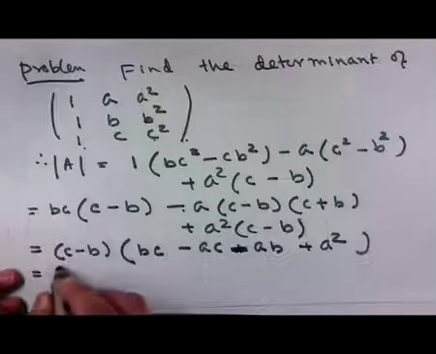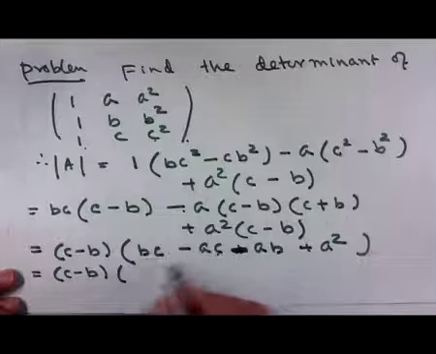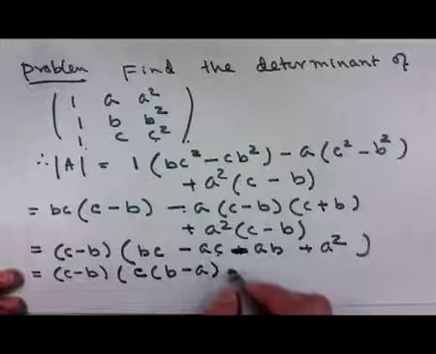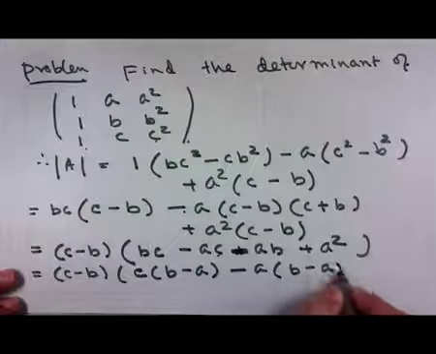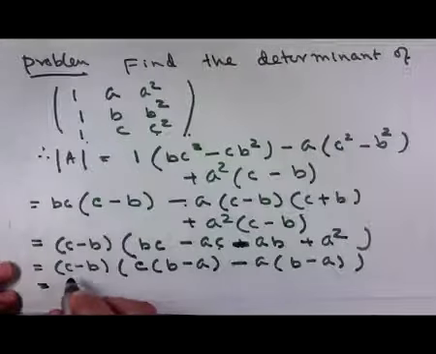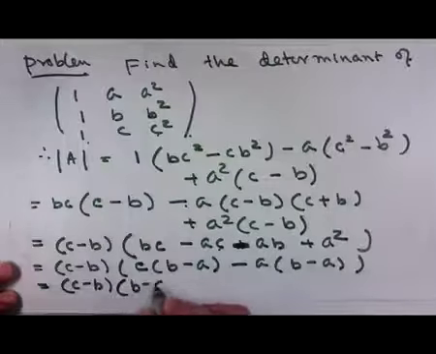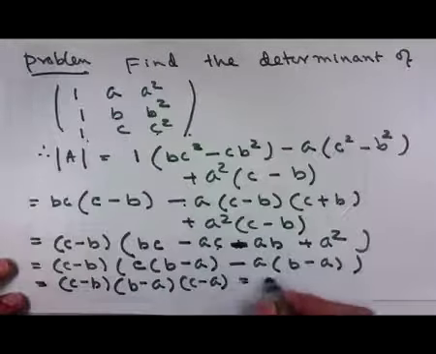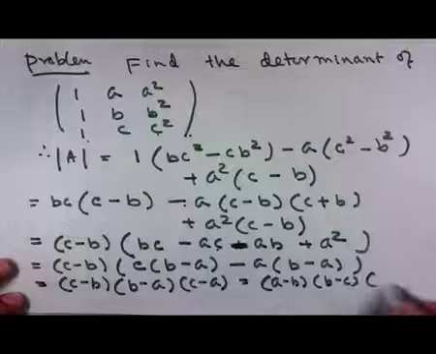Is equal to (c minus b) into, let me take c common from this. So, c into (b minus a) minus a into (b minus a) is equal to (c minus b) into (b minus a) into (c minus a), which we can write as (a minus b) into (b minus c) into (c minus a).